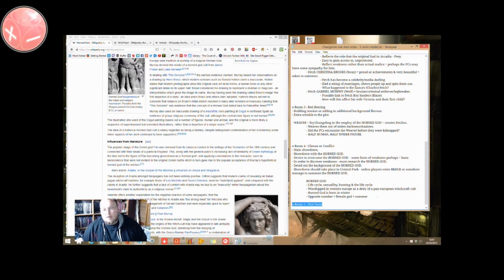Also see that various attempts have been made to link the horned god to the devil. So that's another possibility for a weakness. Religious icons.